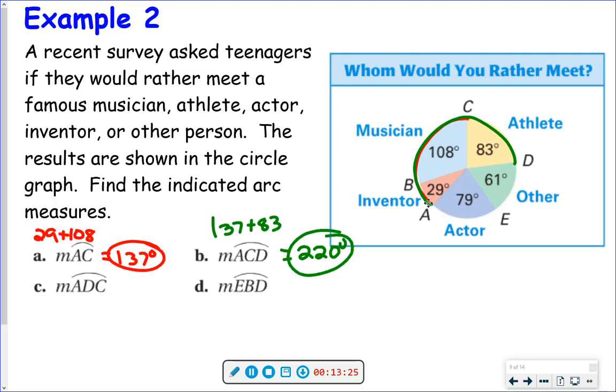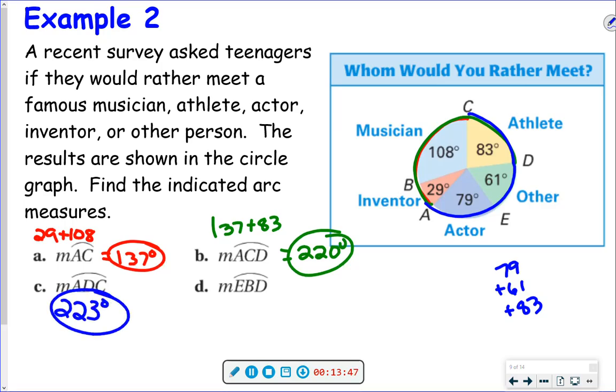Moving on. C. Major arc ADC. Again, I'm going to add these together: 79, 61, 83. Clearly, you can just punch that all in your calculator. It's 223. And then the last one, let's do this one in black.